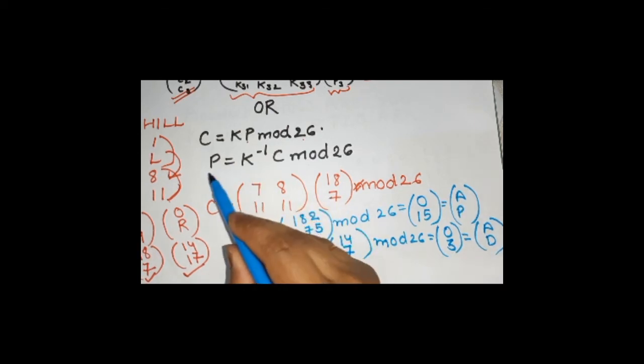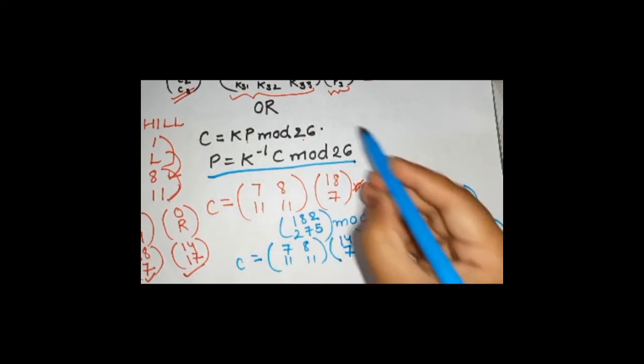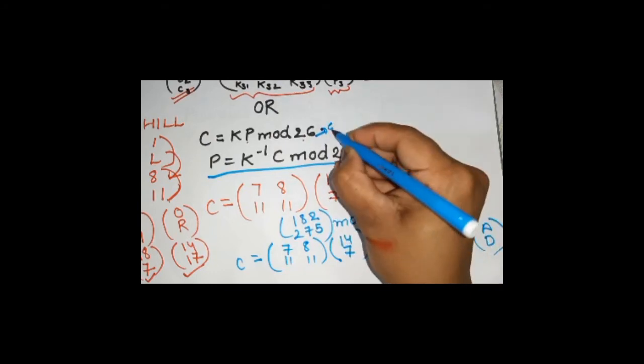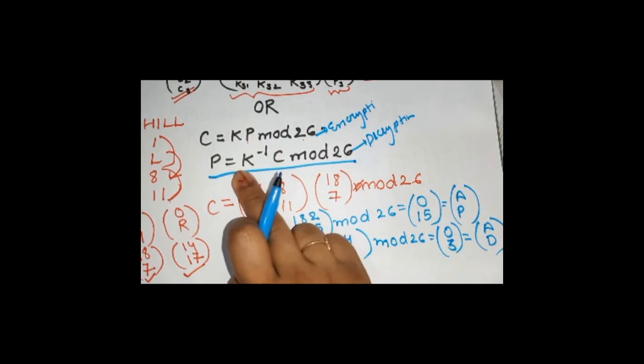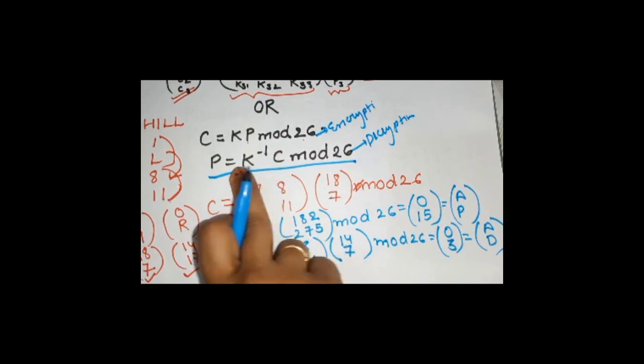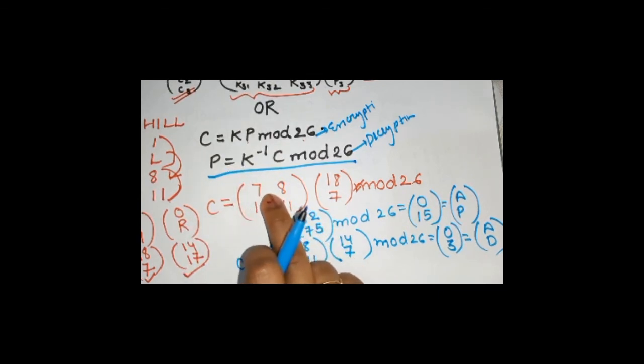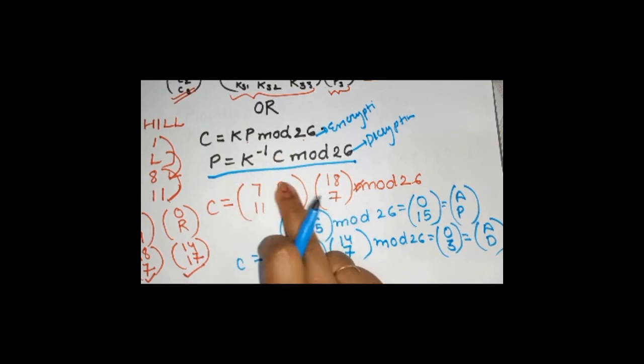How do you decrypt it? Simple. See, the decryption formula is given here. This is encryption formula, and this is decryption formula. Decryption formula says you first need to find out the inverse of the keyword matrix. This is the keyword matrix.